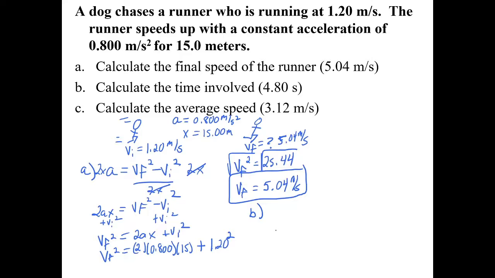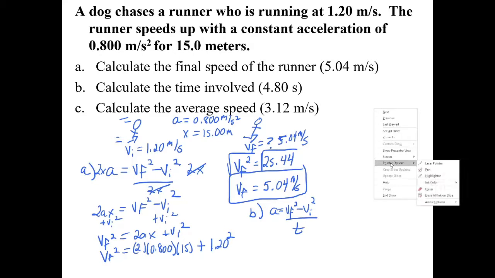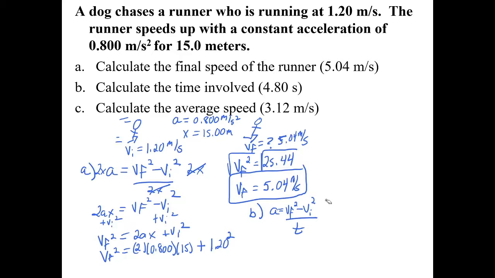B says, well, how long did this take? Probably the easiest way is to use simply the definition of acceleration. And make sure you don't square it there. You see, I forgot and started to write the squared in. But I caught myself. I double checked it.